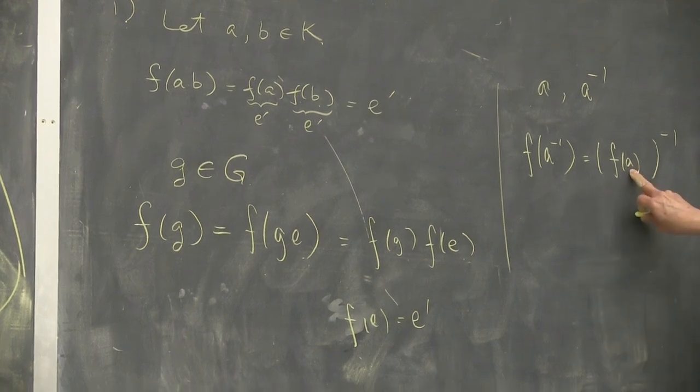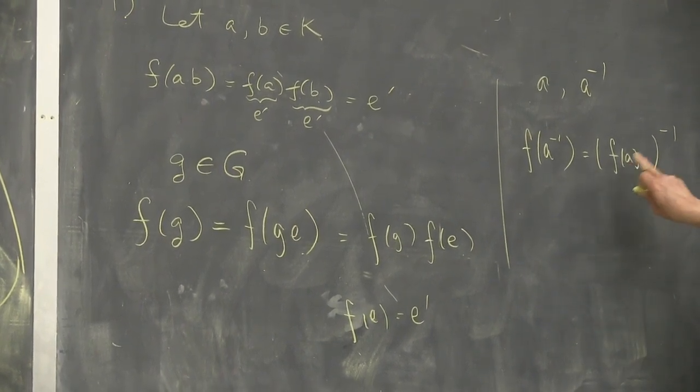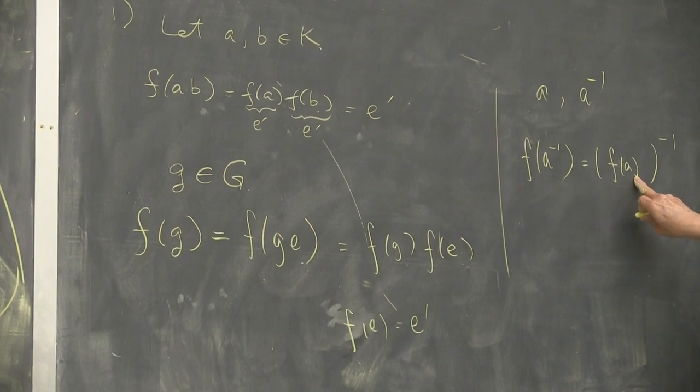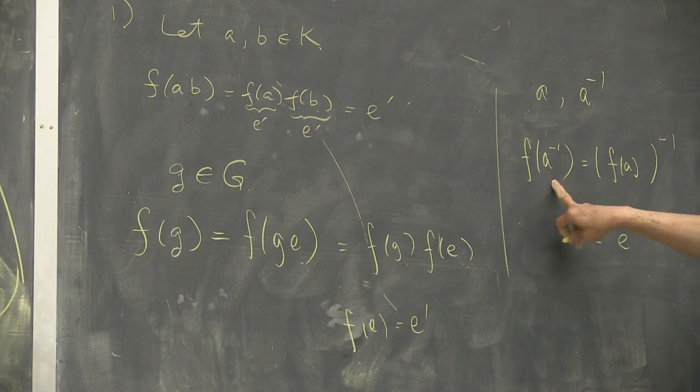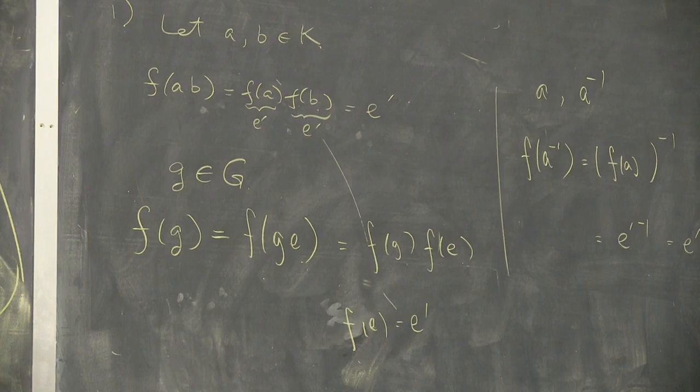But since A is in the kernel, f of A must be what? E prime, right? So this is the inverse of E prime, which is, of course, E prime itself. So this shows that if A is in the kernel, the inverse is also in the kernel. Okay, so this is another group property, right?